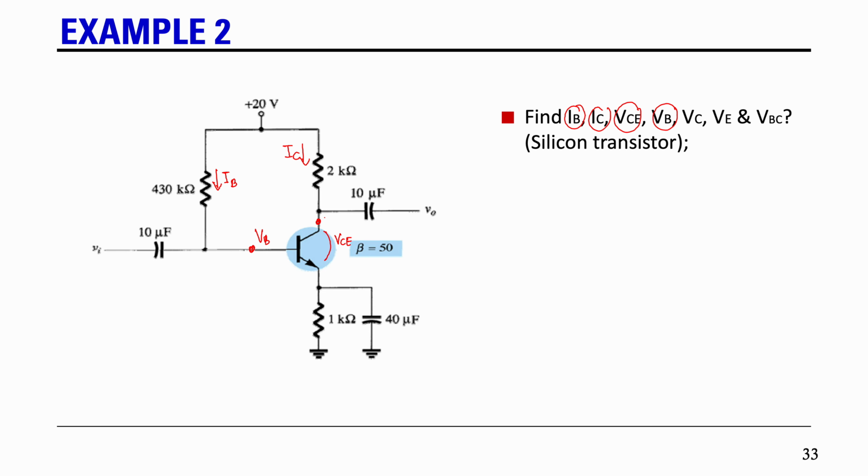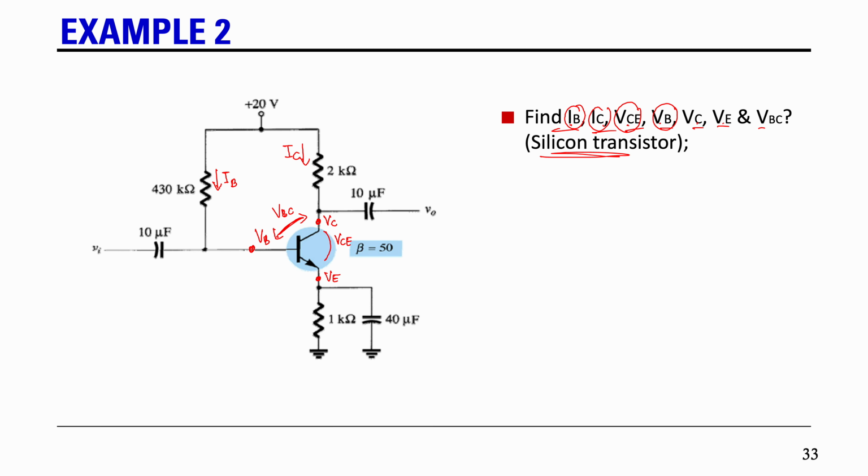We need to find the value of VC, the value of VE, and the value of VBC. So there are seven values in total. And we need to assume this is a silicon transistor.